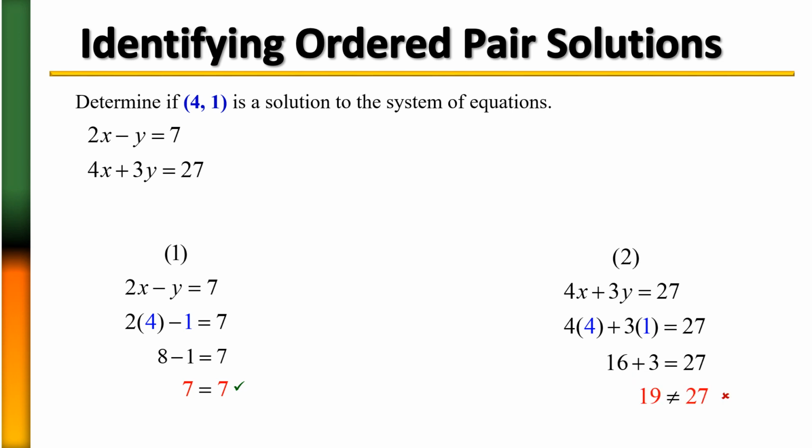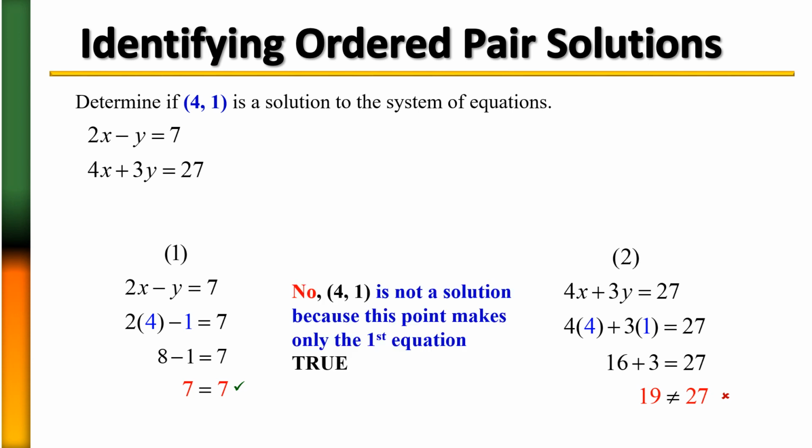It does not equal 27. So here we are left with a false statement because 19 is not the same as 27. So therefore, we can conclude that the ordered pair (4, 1) is not a solution to the system of equations. In order for it to have been a solution, both had to be true.